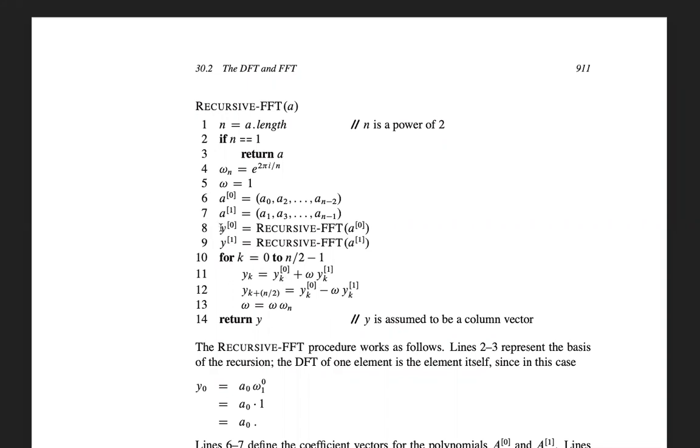Since y0 is the DFT representation of the polynomial Q0 tilde, and y1 is that of Q1 tilde, I can do a simple loop and compute the evaluation of the original polynomial at all the roots of unity.